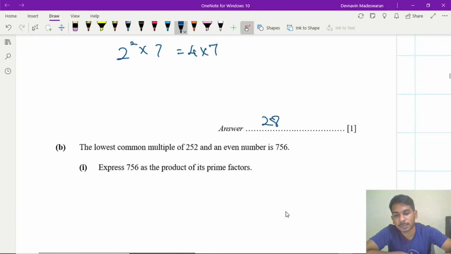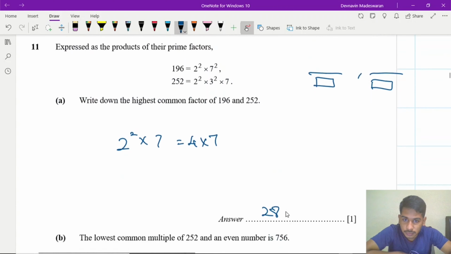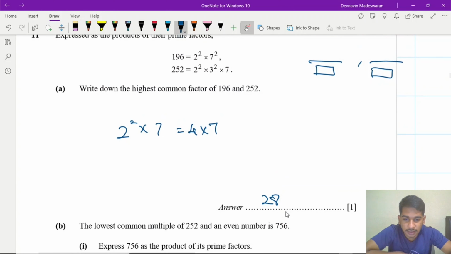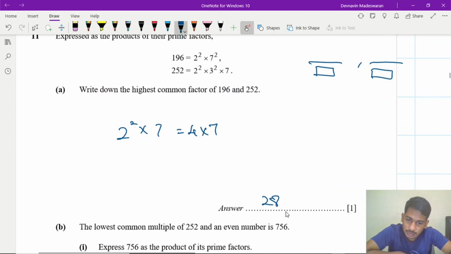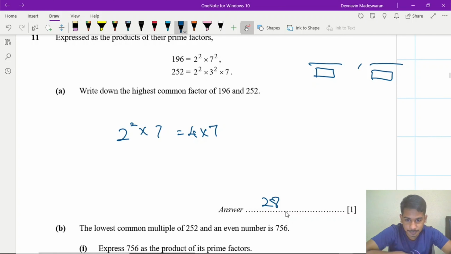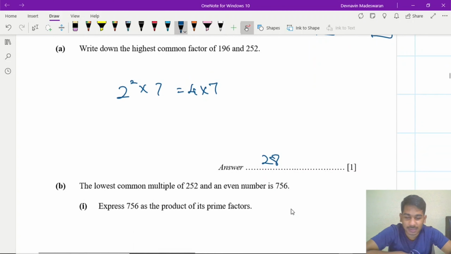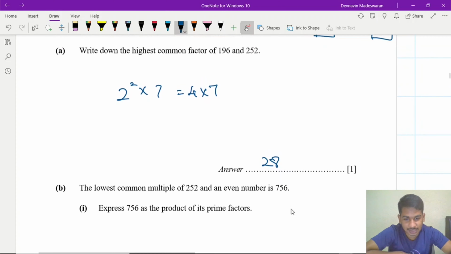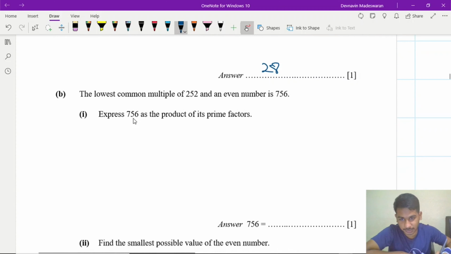Find the lowest common multiple of 252 and an even number. They told us the lowest common multiple of that and an even number is 756. Express 756 as a product of prime factors. Okay, 756 divided by 2.